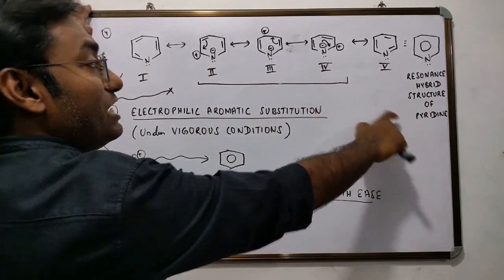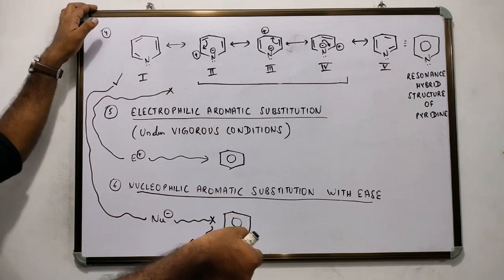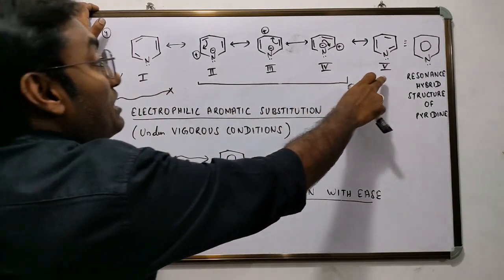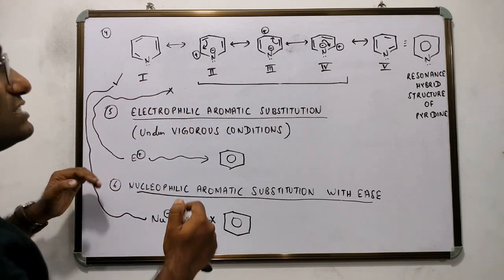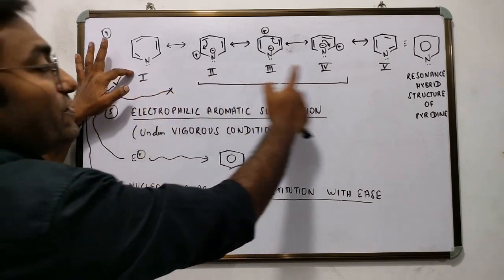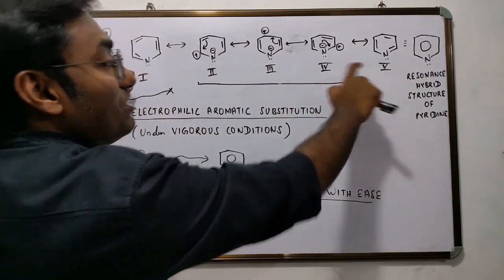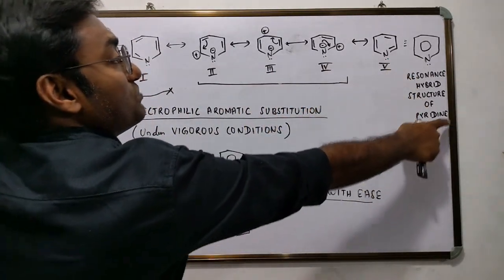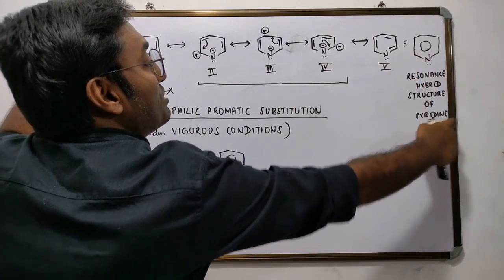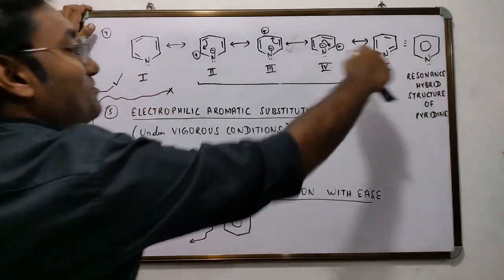Pyridine would prefer to spend its time at a thermodynamically lower energy level, and it is for this reason that structure number 1 and structure number 5, the Kekulé resonating forms, have a major contribution to the resonance hybrid structure of pyridine.